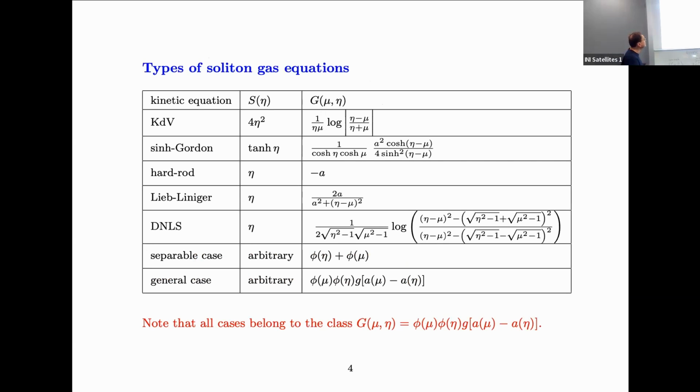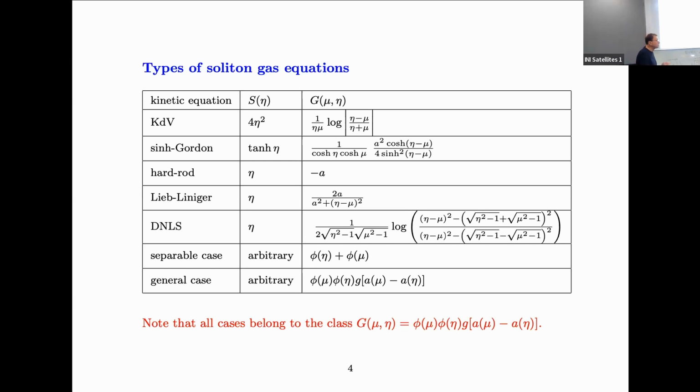Then sine-Gordon. The hard rod is the easiest one, where S of eta is eta, and G, the phase shift, is just minus a, as discussed by Benjamin in his talk. And there are also further, quite interesting kernels, G of mu, eta.